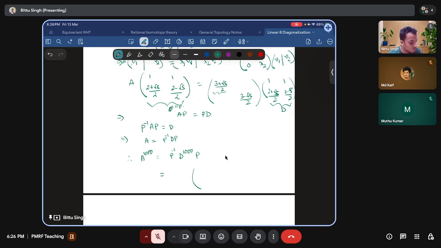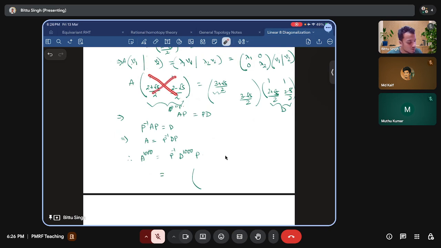It is 1 by the determinant of this matrix. What will be the determinant? 1 times this minus this. So it is (2 minus root 5) by 2 minus (2 plus root 5) by 2, which is the same as minus 2 root 5 by 2, right?